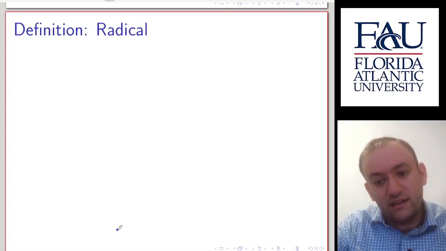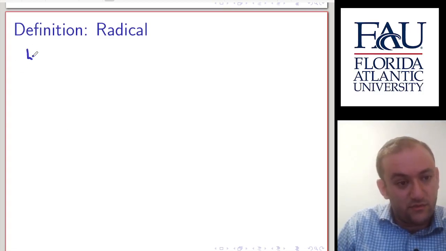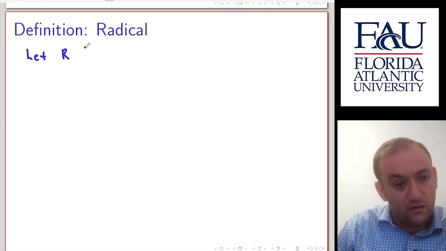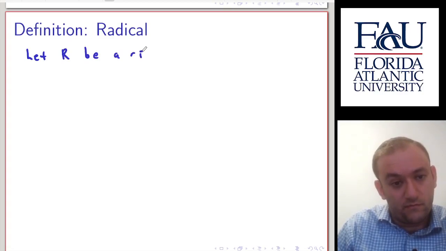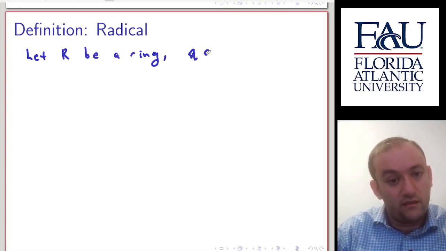Okay, now let's define the radical ideal. So as before, let R be a ring, and let A in R be an ideal.